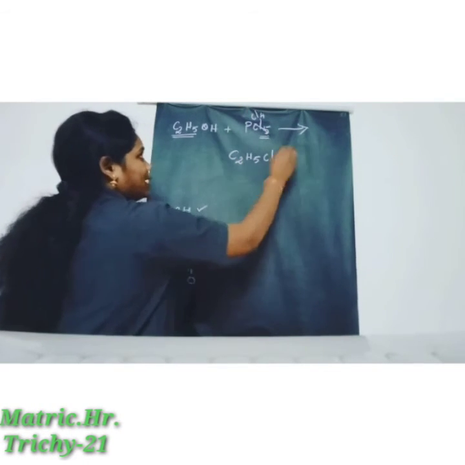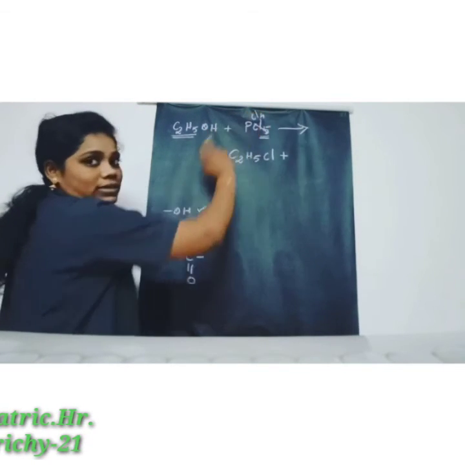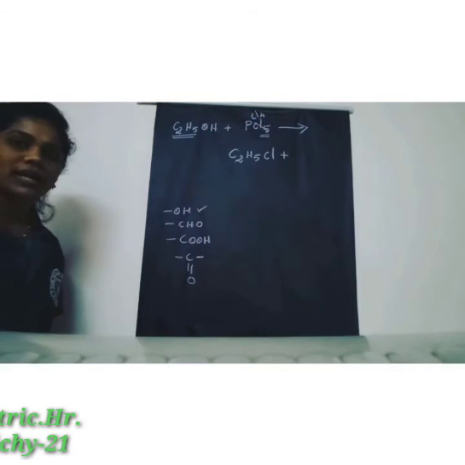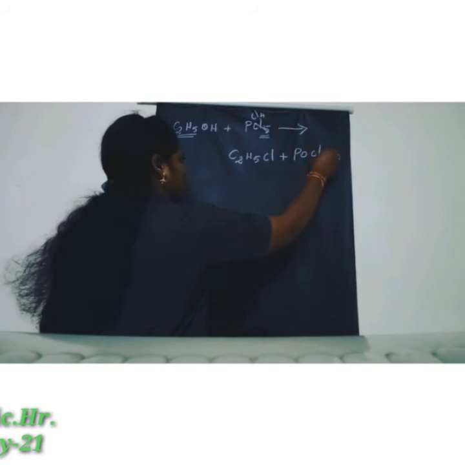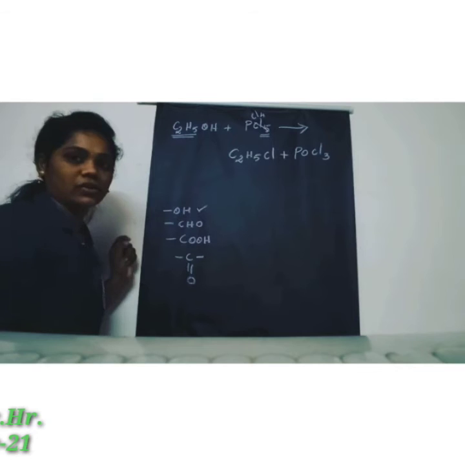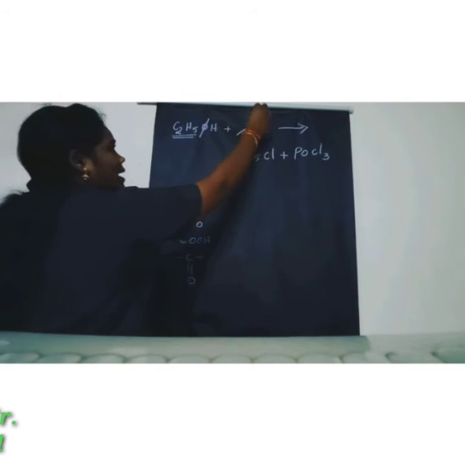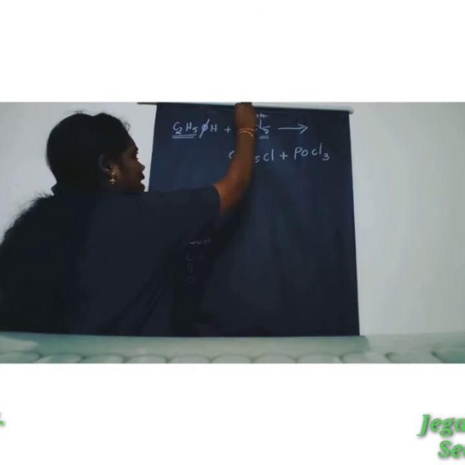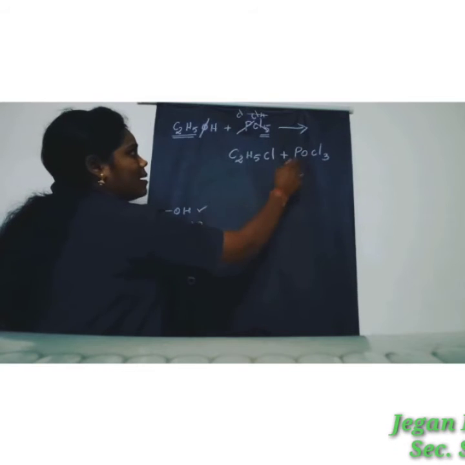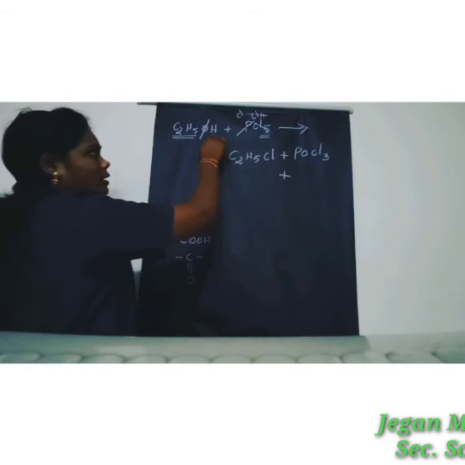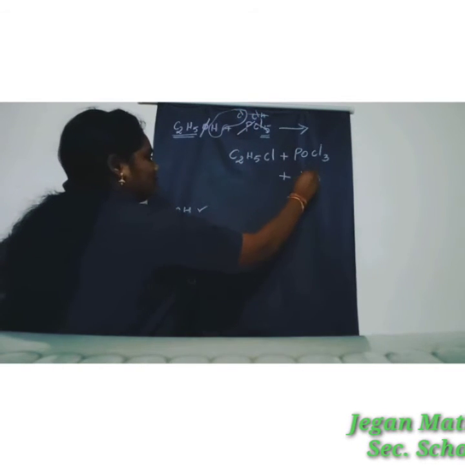Plus here OH, here Cl 4 times. Phosphoryl chloride formula is POCl3. And next one phosphoryl chloride is formed. So PO, here from Cl4 I take Cl 3 times. So POCl3 plus what is remaining? Here one hydrogen, here chlorine, then HCl.